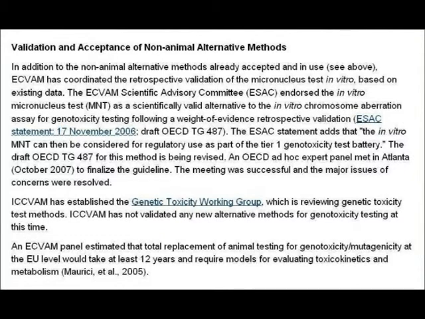The last paragraph reads, an ECVAM panel estimated that the total replacement of animal testing for genotoxicity slash mutagenicity at the EU level would take at least 12 years and require models for evaluating toxicokinetics and metabolism.